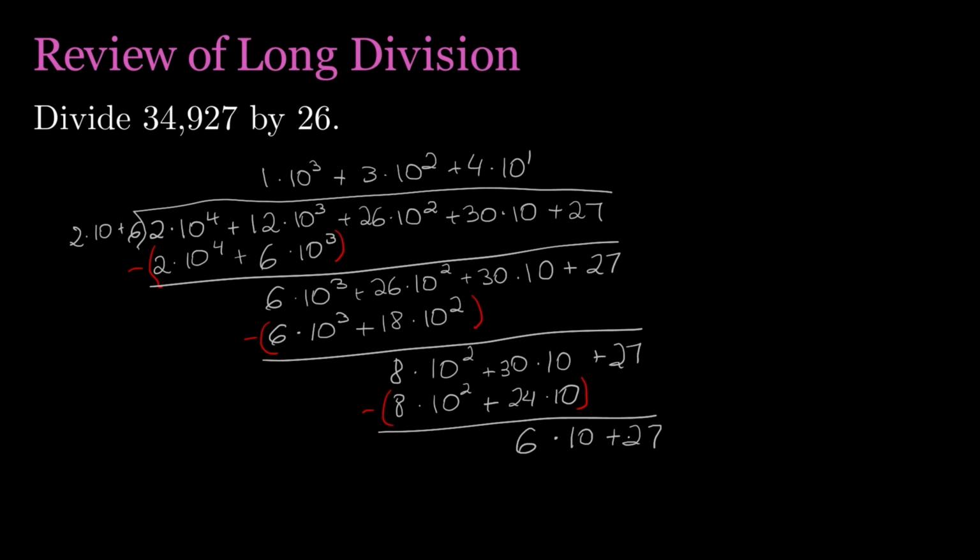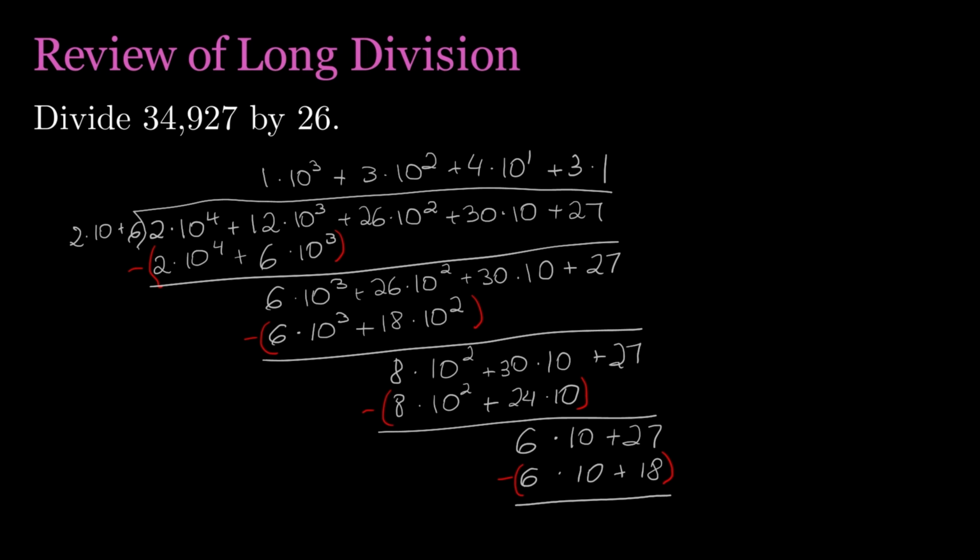And last time I'll do the same thing. 6 over 2 is 3. 10 over 10 is just 1. And 3 times 1 times 2 times 10 is 6 times 10. And 3 times 6 is 18, so it's plus 18. I carefully subtract, again paying attention to signs.